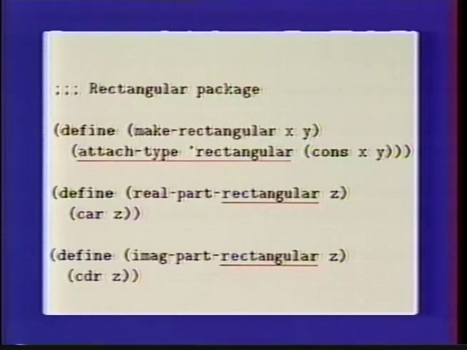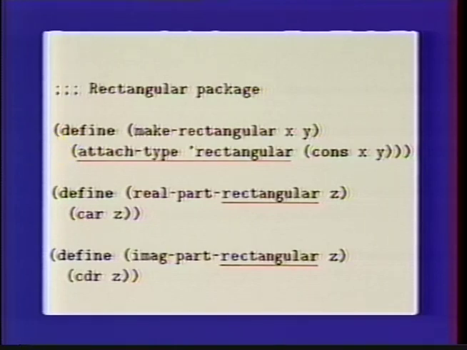Here's George's original package, or half of it, and underlined in red are the changes he has to make. Before, when George made a complex number out of an x and a y, he just put them together to make a pair. The only difference is that now he signs them. He attaches the type, which is the symbol rectangular, to that pair.